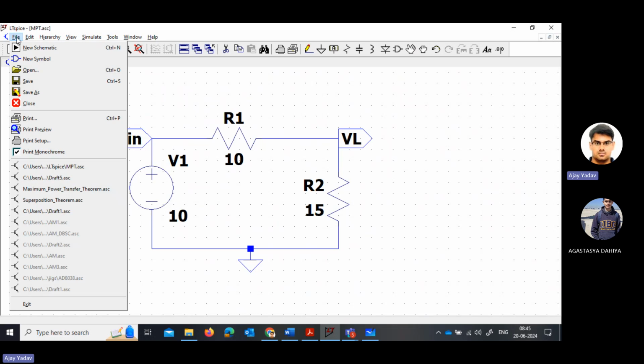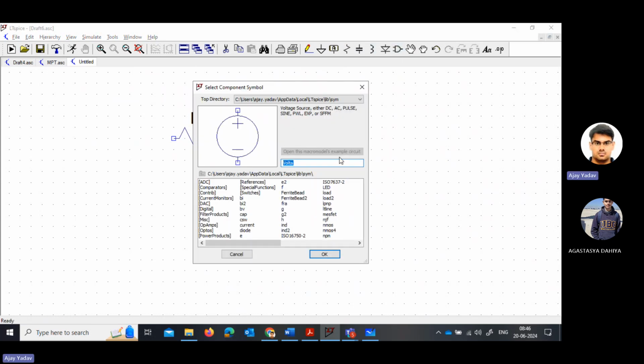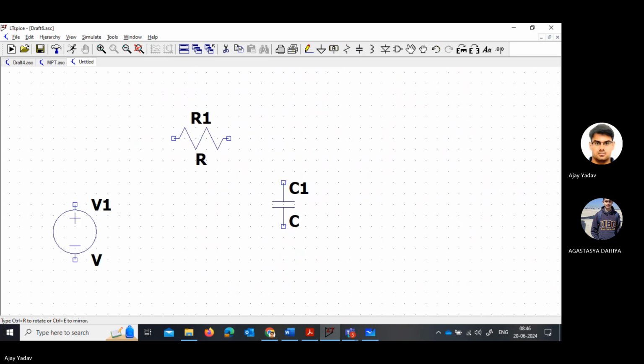In the LTSPICE, again, what we will do, first of all, we take a resistor, press Ctrl R, you rotate this, escape. Then you take a capacitor, escape. You take a voltage source, escape.